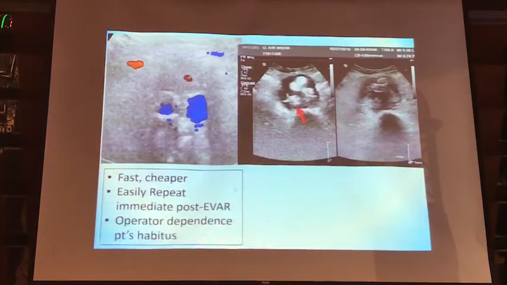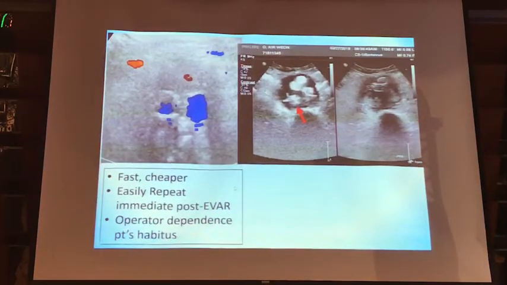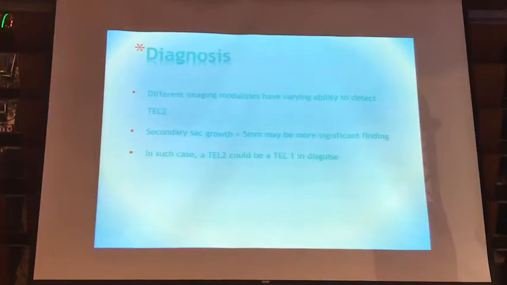So the ultrasound is cheap and fast, but the contrast material is a little bit expensive. Anyway, the ultrasound is easy to repeat, including immediately after EVAR procedures, but it's operator dependent. And if the patient has a big belly, meaning a lot of fat tissue between the ultrasound transducer and the aortic sac, sometimes it's not possible to do the ultrasound.